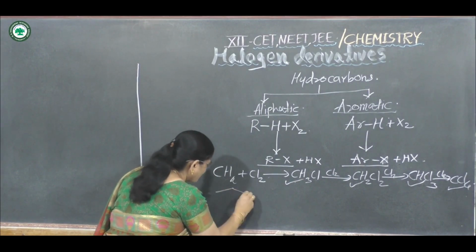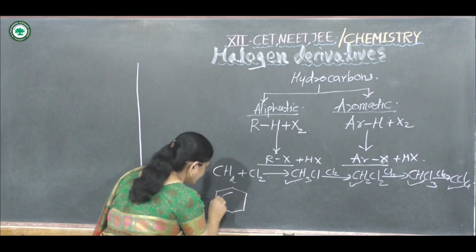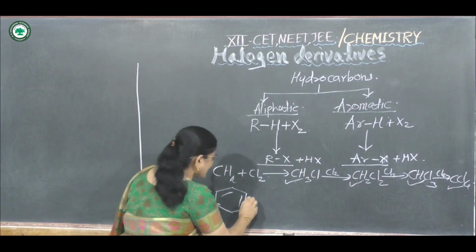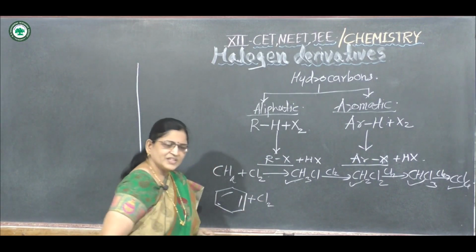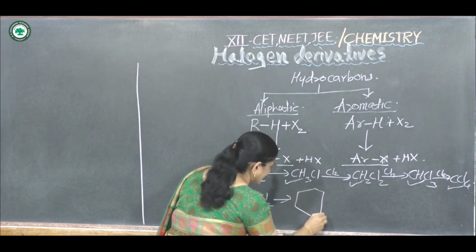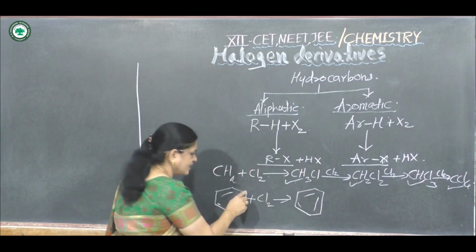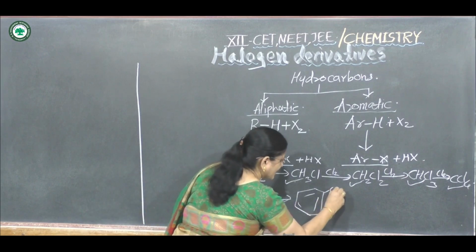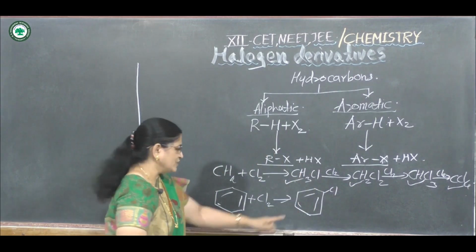Again, suppose this aromatic compound reacts with a chlorine molecule, then one hydrogen atom of the benzene ring gets replaced by a chlorine atom and it forms a halogen derivative.